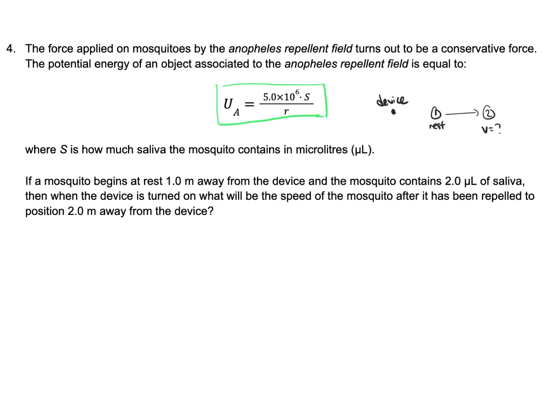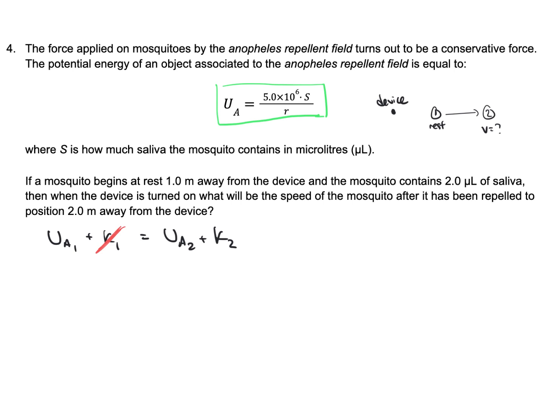So it's going to be this new make-believe potential energy and kinetic energy. Okay, those are the only two energies involved. And this begins at rest, so the kinetic energy is 0. And this is what we're left with.